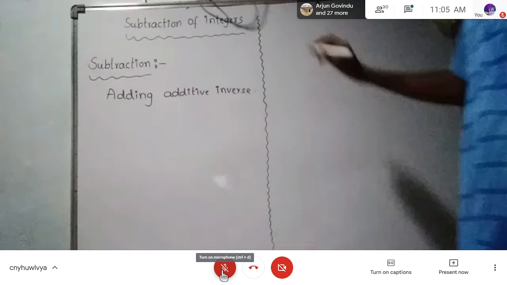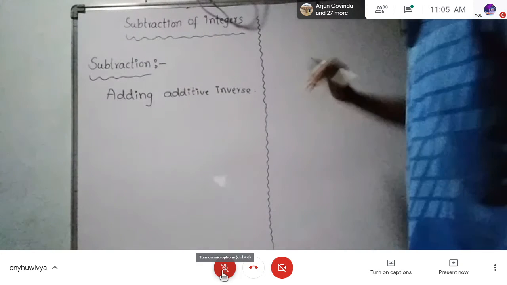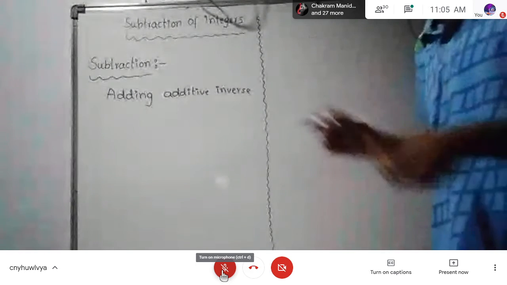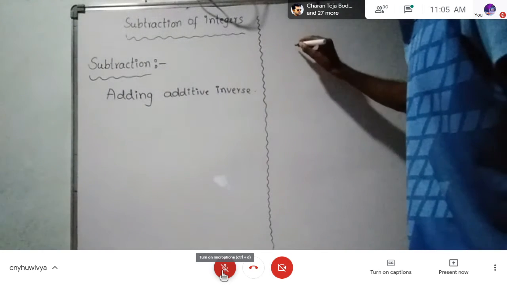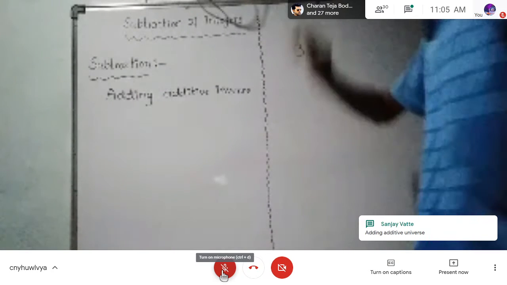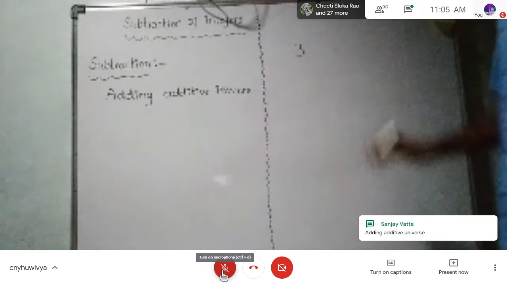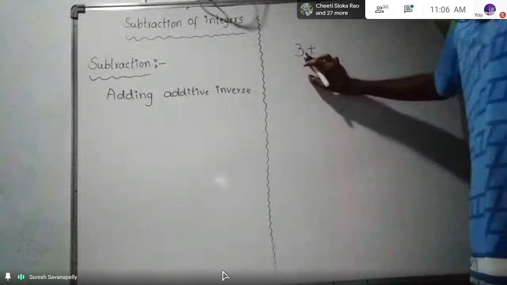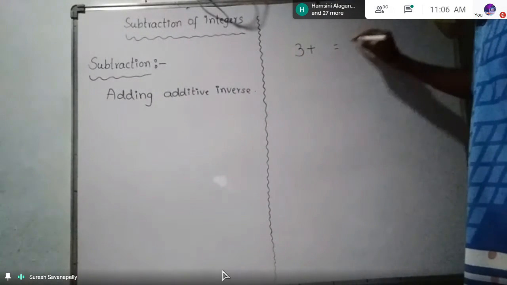So what do you mean by additive inverse? Additive inverse is very simple. Let me tell you the clear picture first. For example, there is a number 3. Additive inverse means you add some number to this, but my result should be 0.